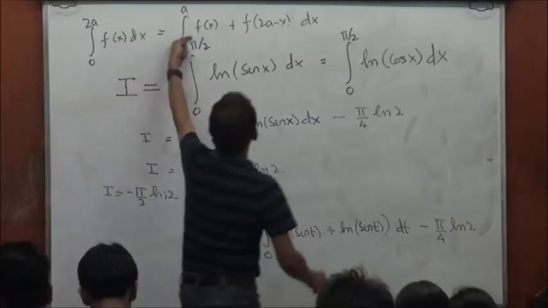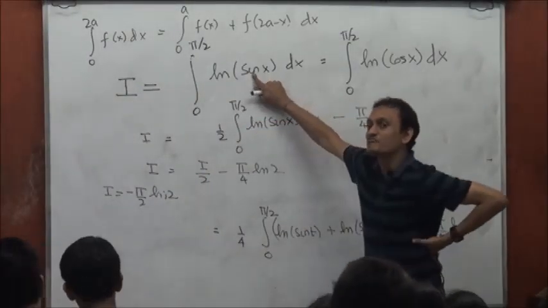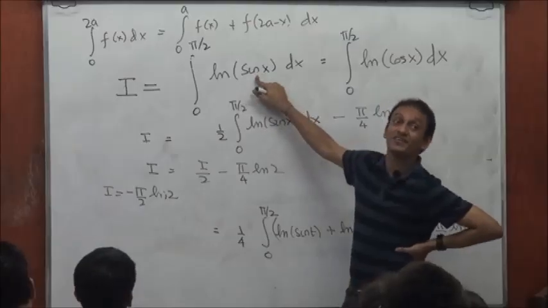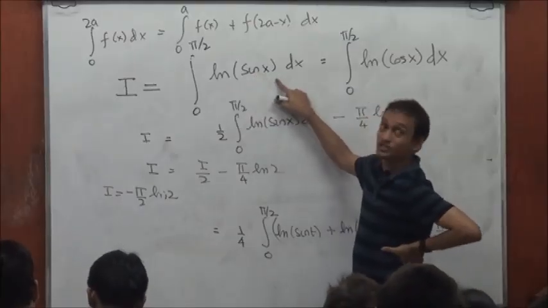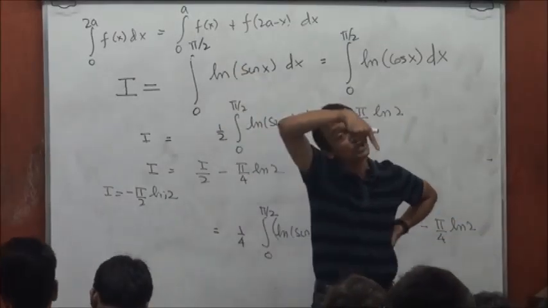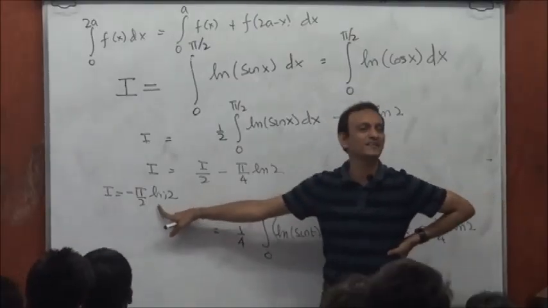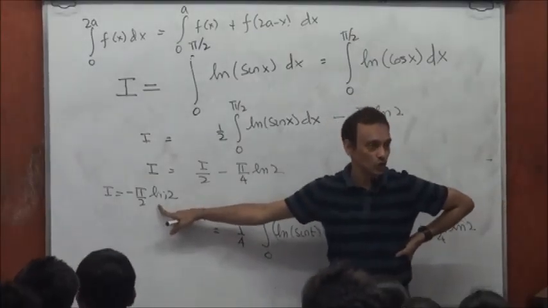Realize that when x runs from 0 to pi by 2, sin x is less than 1. Logarithm of a number less than 1 would be negative. So the graph of log sin x in the interval 0 to pi by 2 is below the x-axis. That's why you're getting a negative number out of it, minus pi by 2 log 2.